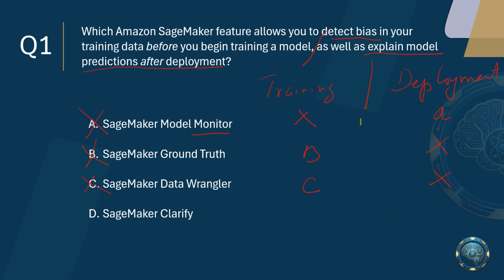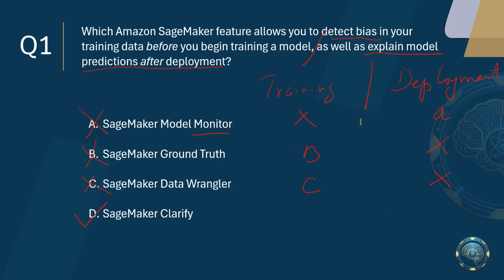Now we are left with Clarify. If you know these three answers are eliminated, without knowing what Clarify does, you can say this is the right answer. But let us understand why it is the right answer.